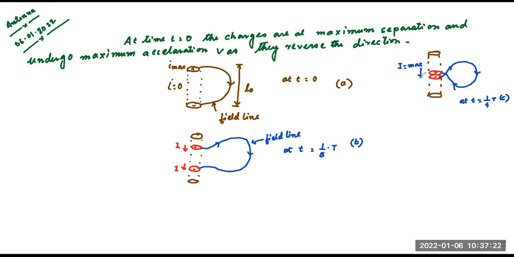At this time, the equivalent current I is maximum and the charge acceleration is 0. Understand? So in this figure, the current is maximum but the charge acceleration is 0. And you can see the two field lines detach and new ones of opposite sign are formed.